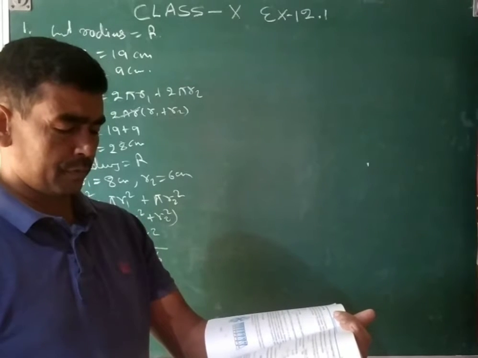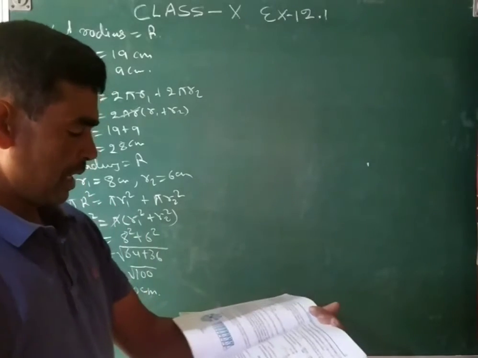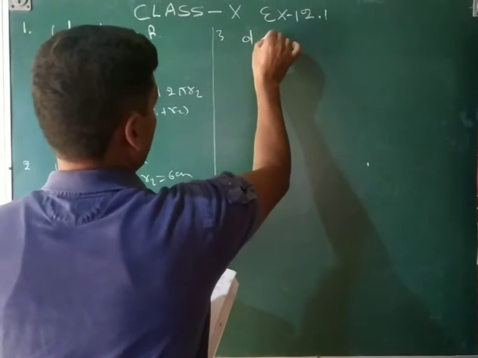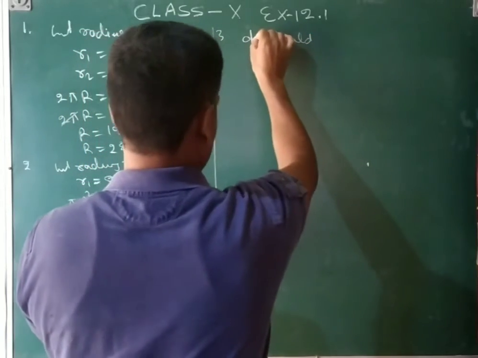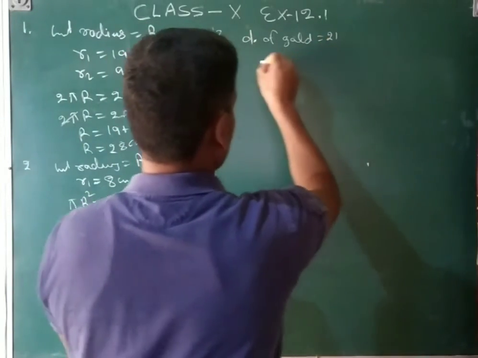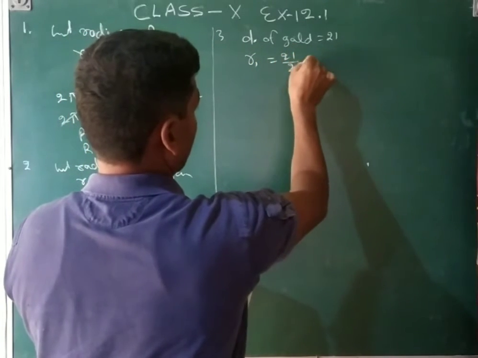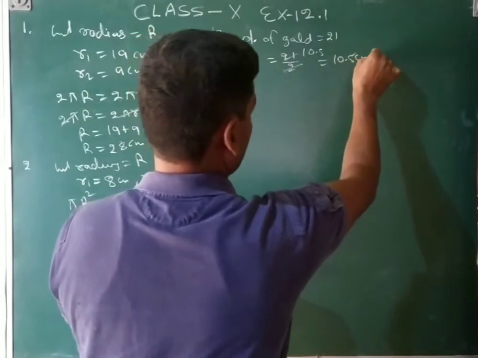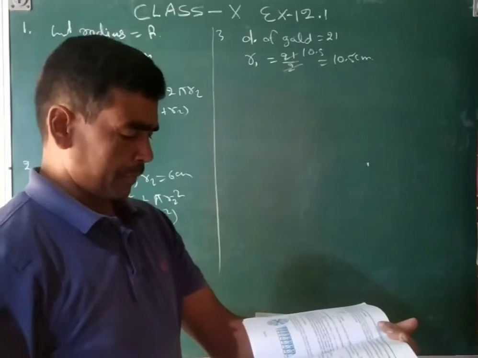The diameter of the region representing gold score is 21 centimeter. So r1 is equal to 21 upon 2, that is 10.5 centimeter. And each of the other bands is 10.5 centimeter wide.